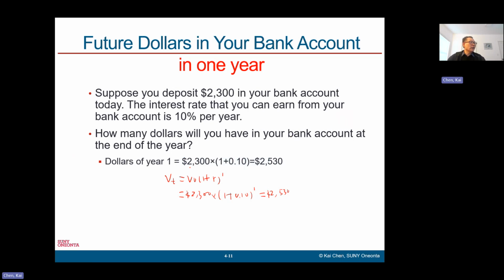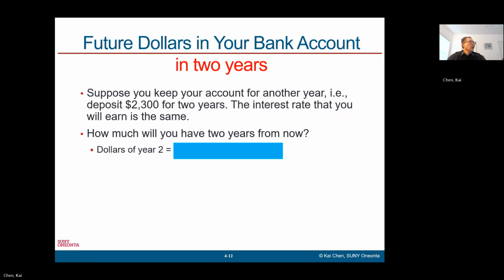Here the answer is here. Suppose you keep your account for another year. That is, you deposit $2,300 for 2 years. The interest rate that you will earn is the same, that means 10%. The question is, how much will you have 2 years from now?